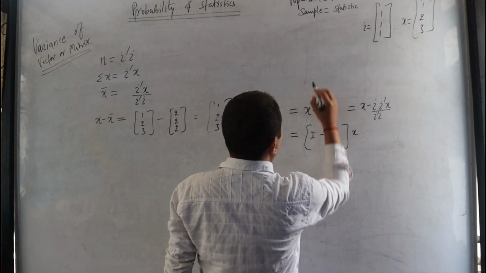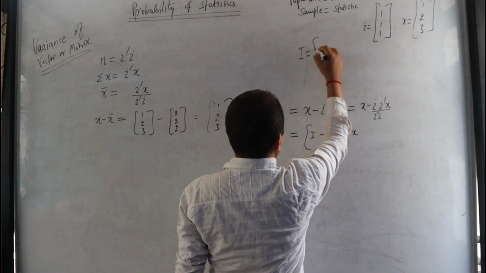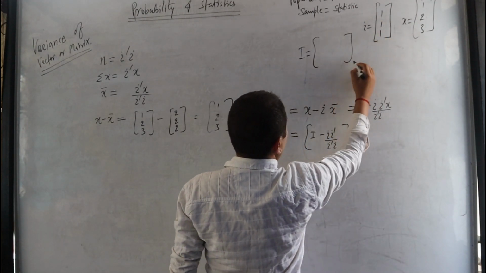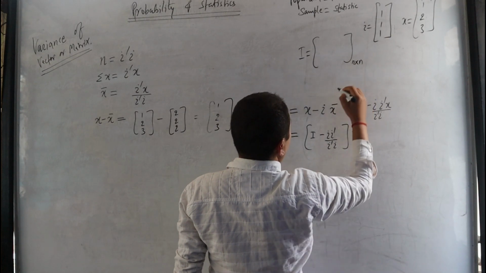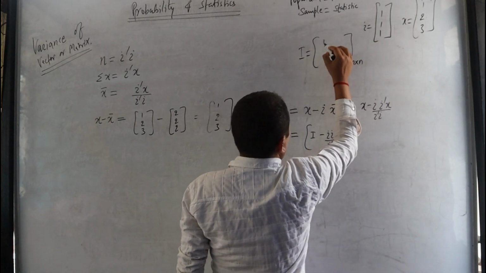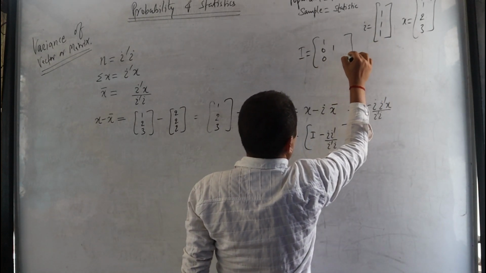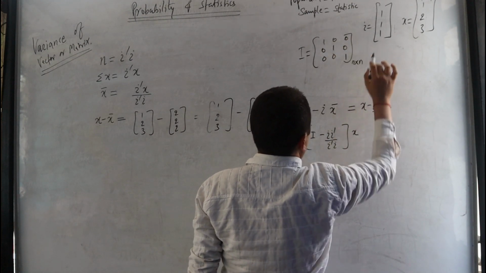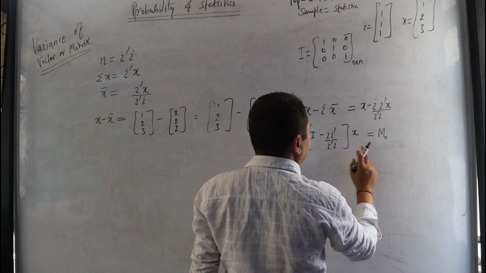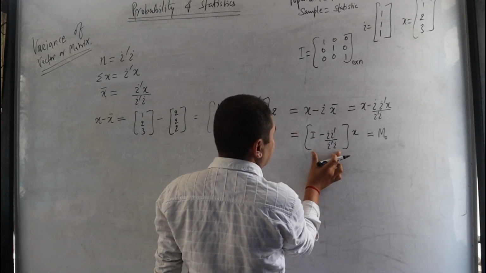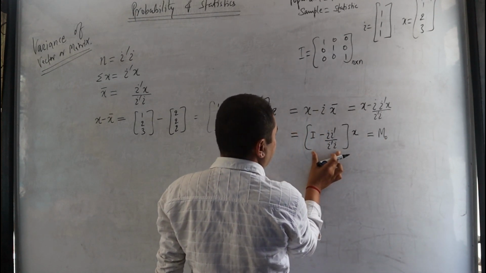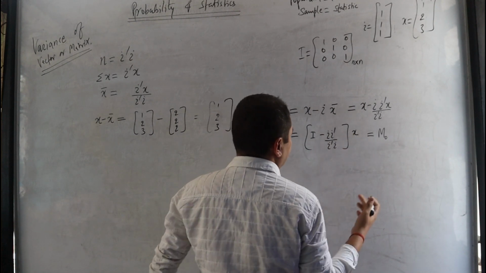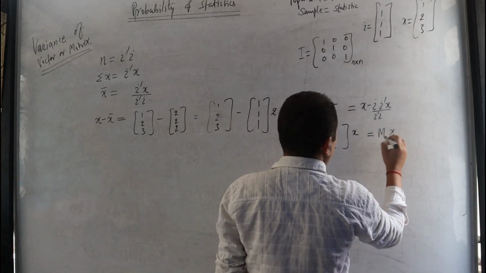Now this is our identity matrix, and in our case, if the sample size is n, then the identity matrix should be of n by n order, and for us it should be a 3 by 3 matrix with the main diagonal elements 1, and other off-diagonal elements 0. So this matrix is represented as M0, and we call it the matrix that gives the deviation from the mean of any vector or matrix, and this is our vector x.